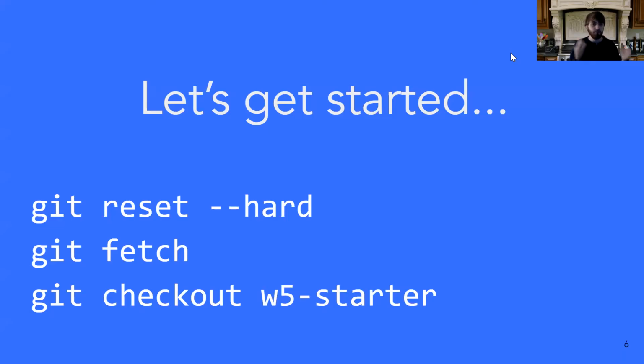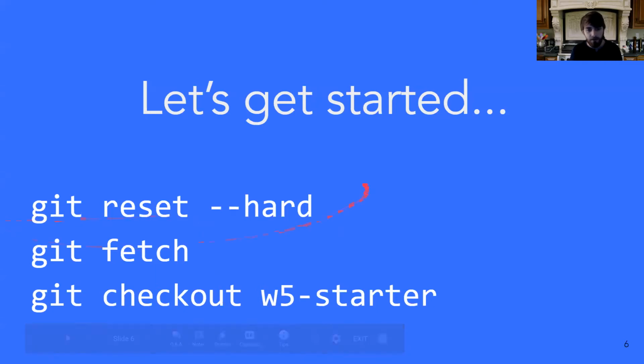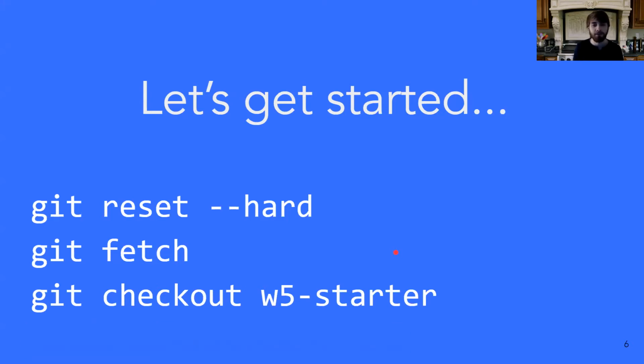So we'll get started in our terminal world with resetting, fetching, and checking out to the starter, which is exactly where we left off, actually. I just copy and pasted it.